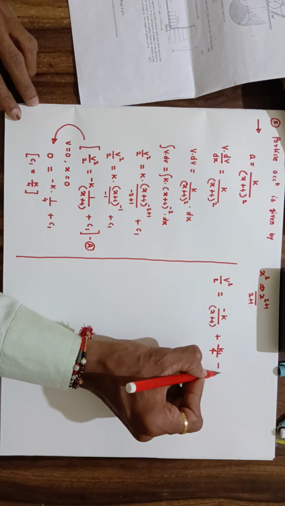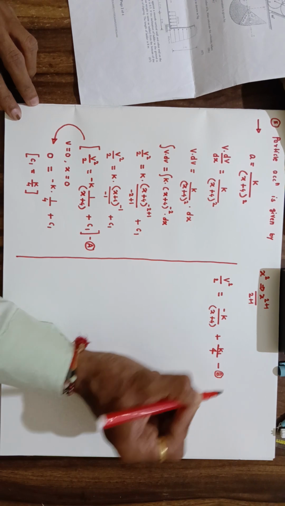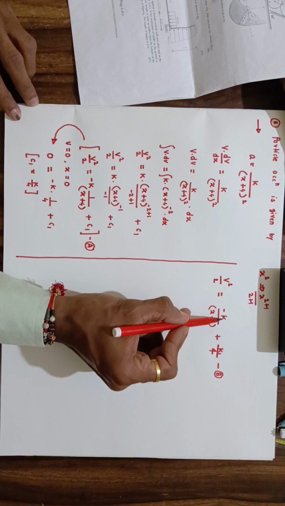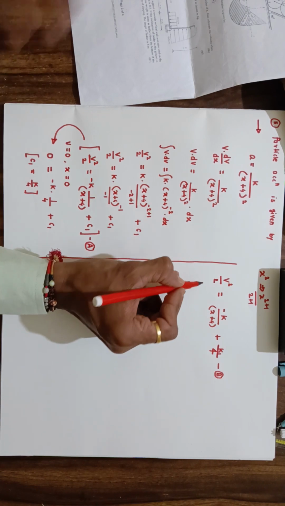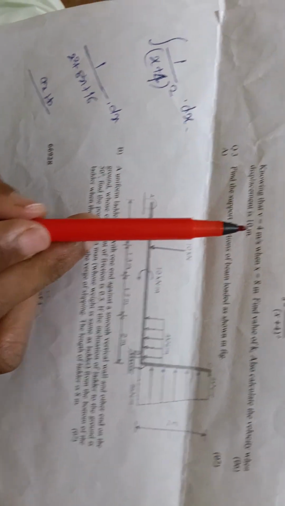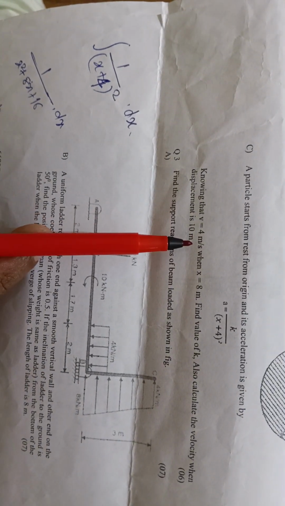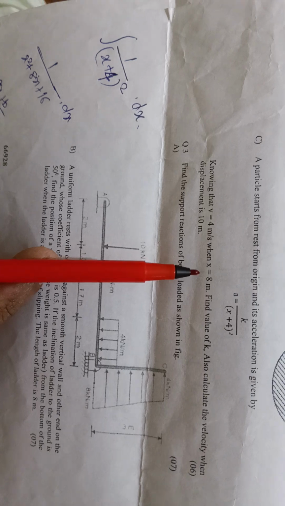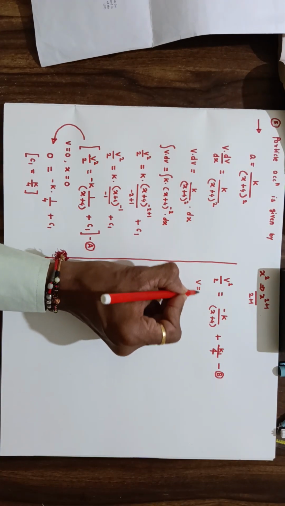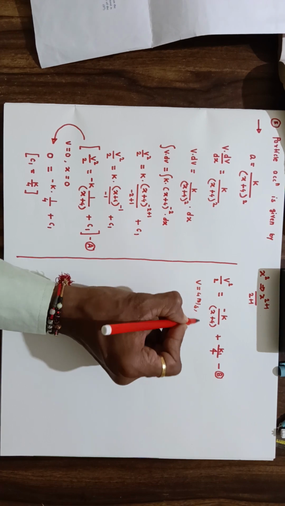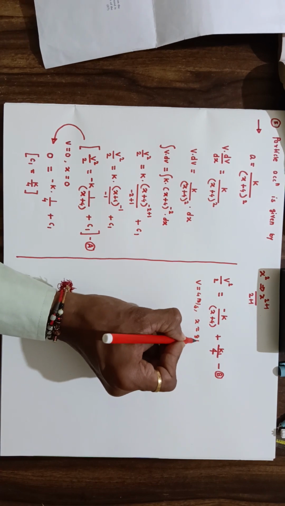Consider this equation as equation B. This is not the final equation, we have to find out the value of k. Now refer to the second condition. In the second condition, v is equal to 4 meter per second when x is equal to 8 meter.